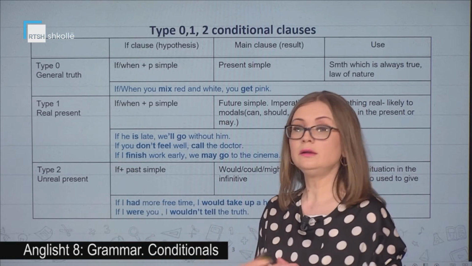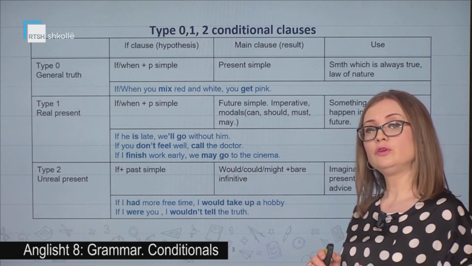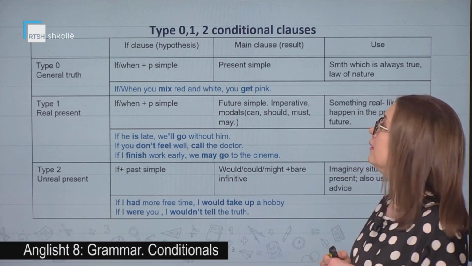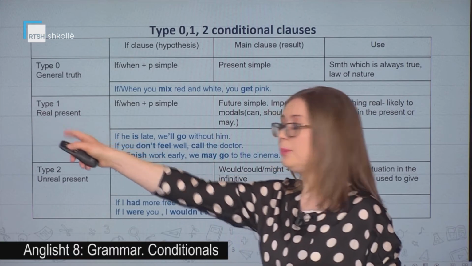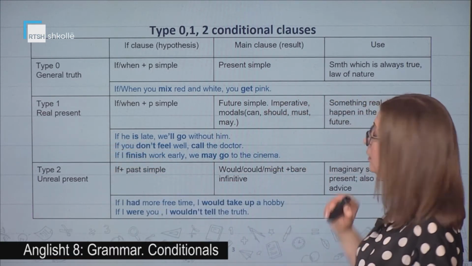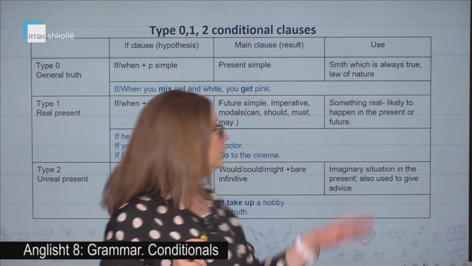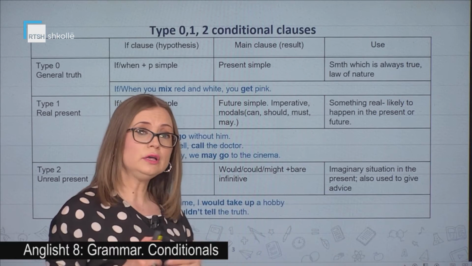The second one, it's type 1. So let's discover together what is type 1 conditional clause. It actually talks about the real present, and it is always something real. It is likely to happen in the present or in the future.